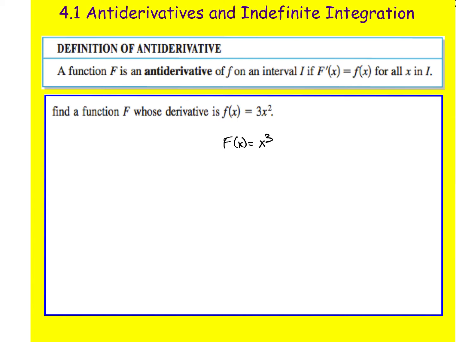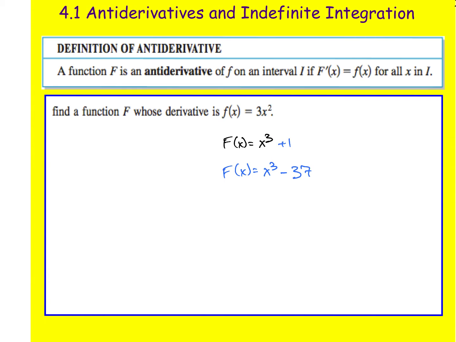Now, is that the only function that could give me a derivative of 3x squared? No. It could be x cubed plus 1. I could say x cubed plus or minus 3, 37, minus 37.